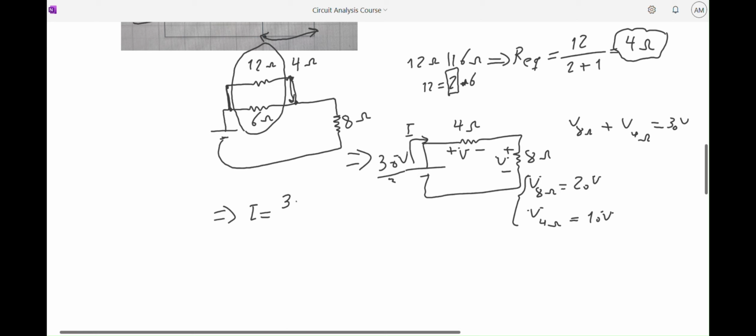Let me just use the general rule. 30 volt divided by 4 plus 8, which is 12. That gives me 2.5 amp.